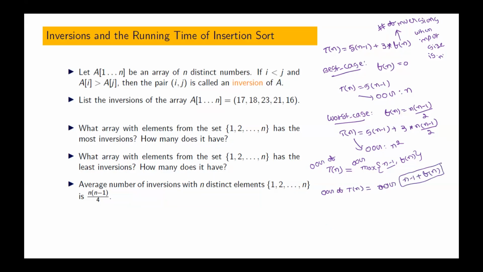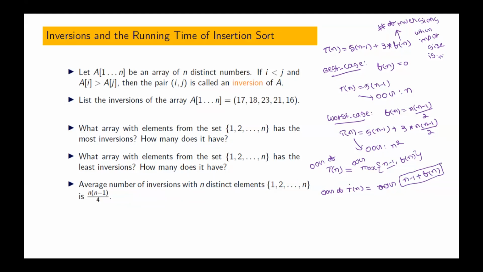Can you say something like this? Order of growth of T of n is order of growth of n minus 1 plus f of n. Is that correct? Yes, sir. Okay, because we know two quantities. However we want, we can represent. Is that okay?